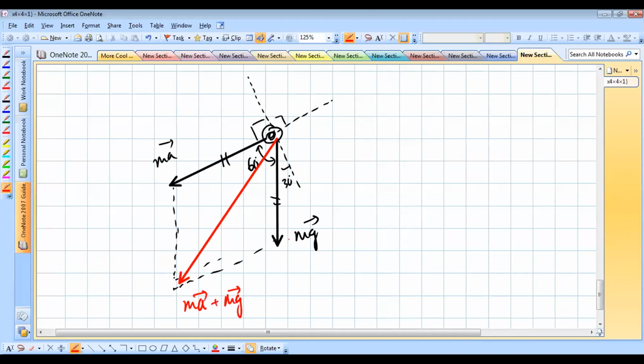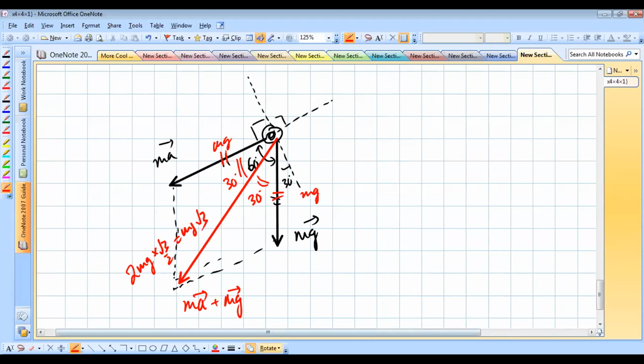Okay. और इसका magnitude कितना हो जाएगा? Because this is mg in magnitude and this is mg in magnitude, and this angle is equal to this angle, equal to 30, this thing's magnitude will become 2 mg cos 30. So that is root 3 by 2. So it will be mg root 3. That will be the magnitude of this vector.